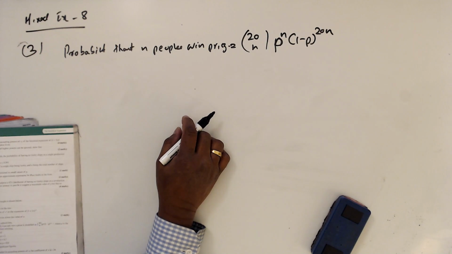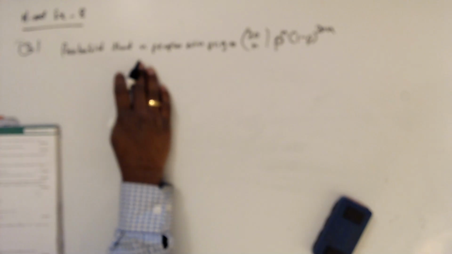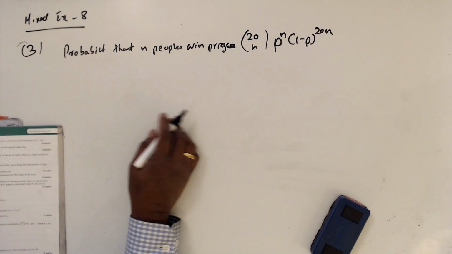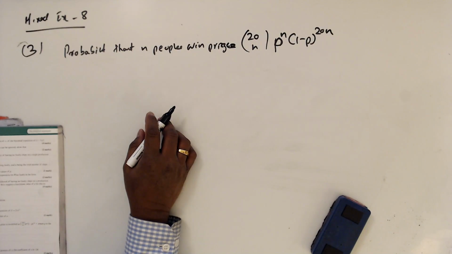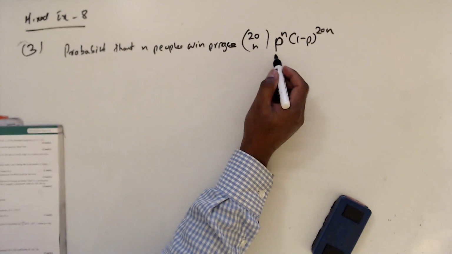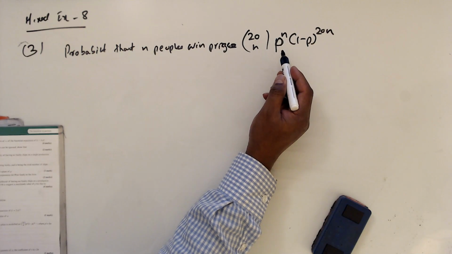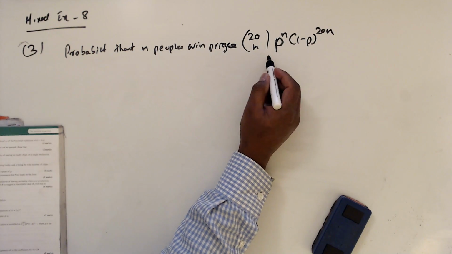Question number 3. The probability that n people win a prize is given by this formula.